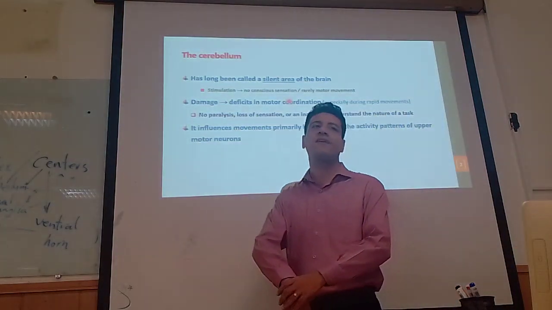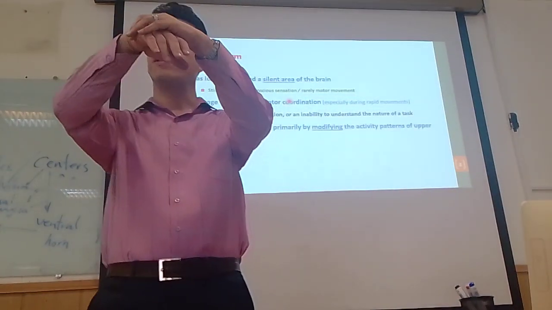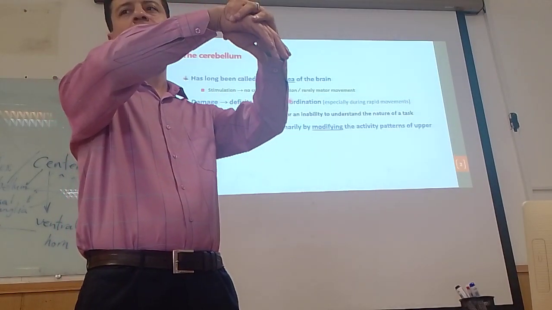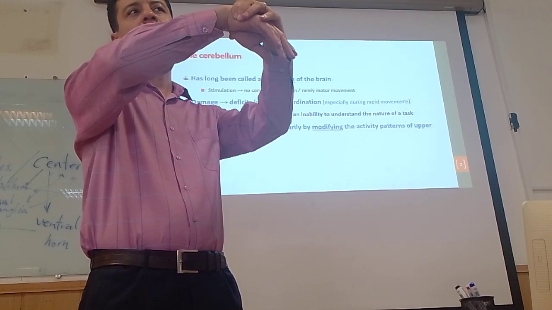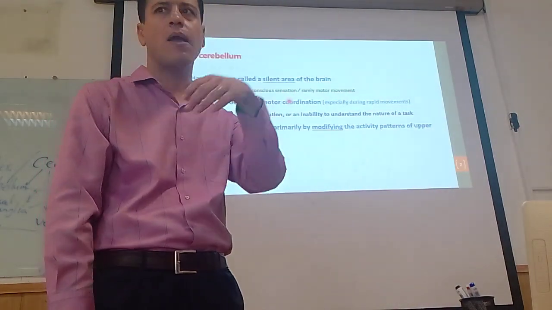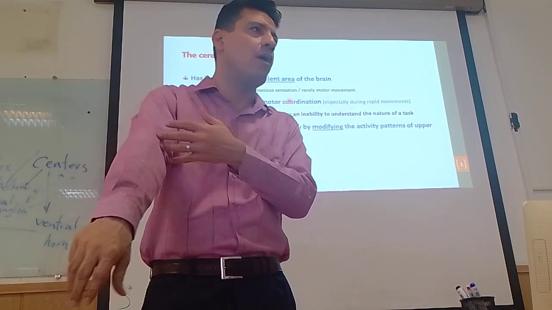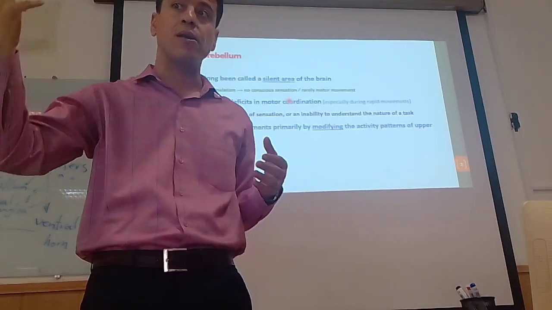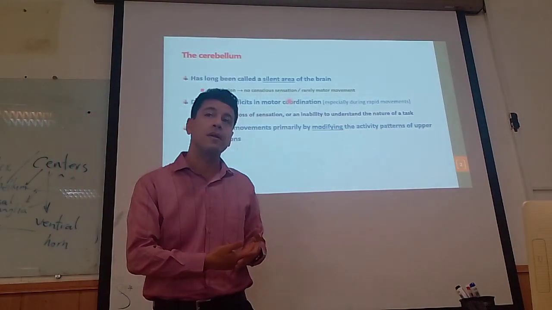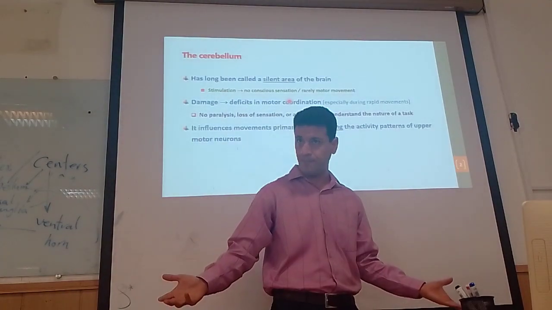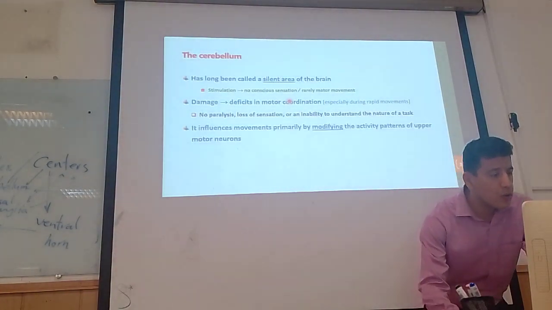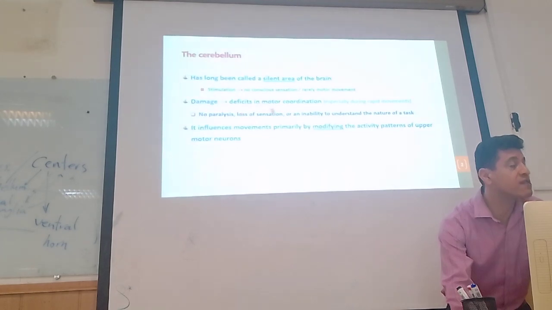In the acute phase, flaccid paralysis: you lift the hand, release it, and the patient's hand falls down. So it's a paralyzed arm when you remove the motor cortex. But if you remove the cerebellum, there is no paralysis, right? Or loss of sensation.